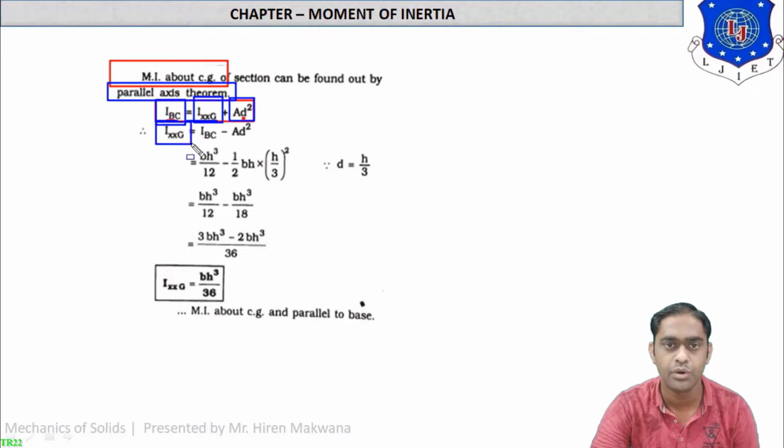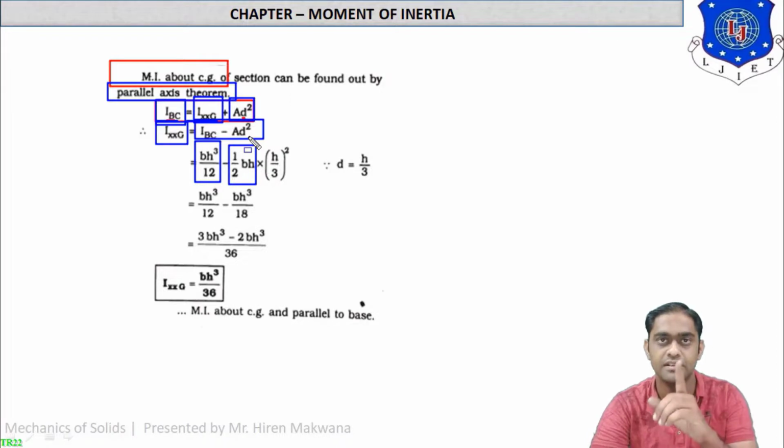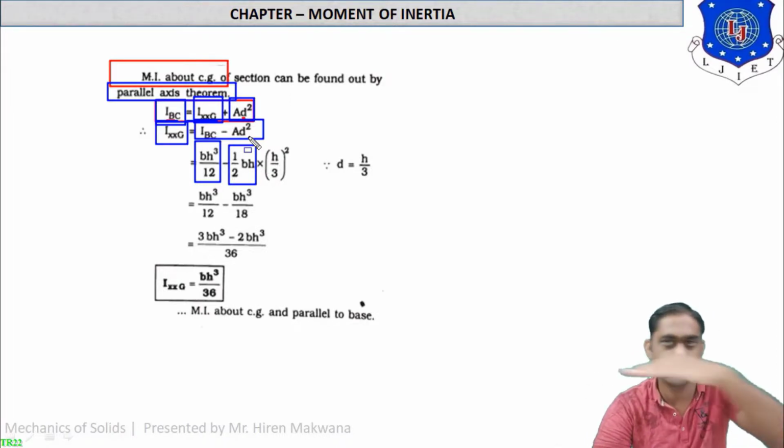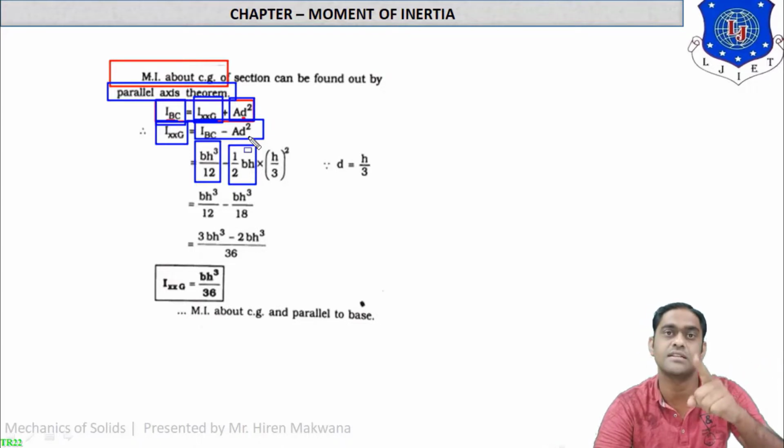We have to calculate IXXG, so make it the subject. Then it will become IBC minus AD square. Now what is IBC? We have already calculated bh cube by 12. Minus, what is the area of the triangle? It is 1/2 base into height. What is D? It is the distance from the base to the centroidal axis. Now where is the centroid of the triangle? Just remember, it is h by 3 from the base.